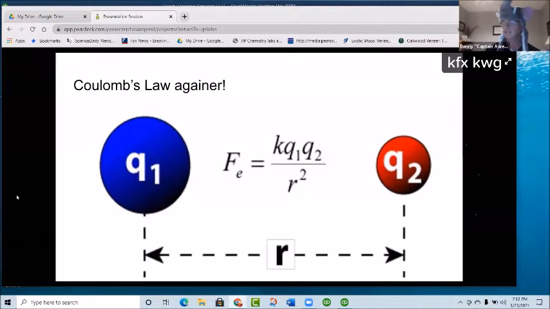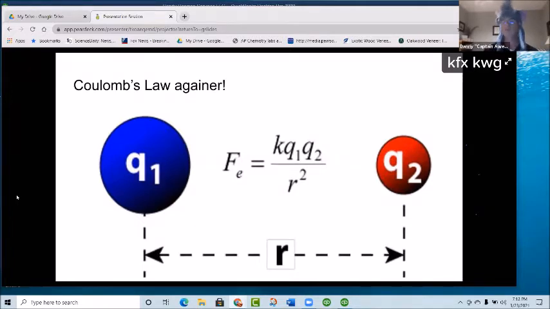But Coulomb's law is, again, Q1 Q2 is how big the charge is, and R squared is the radius. So you want a bigger charge and a smaller radius to give a really strong force of attraction. Now, when we say molecules are polar, they don't have a charge of like +1, +2, or -3.